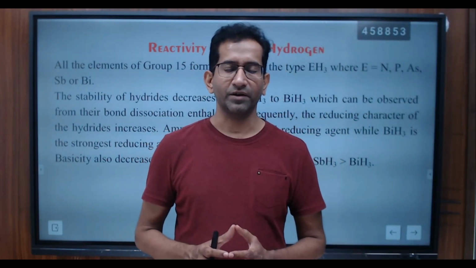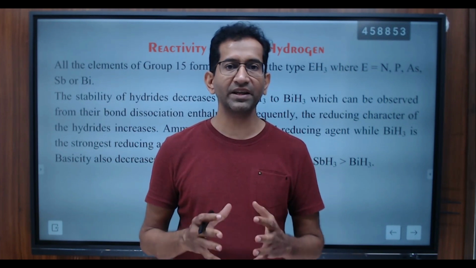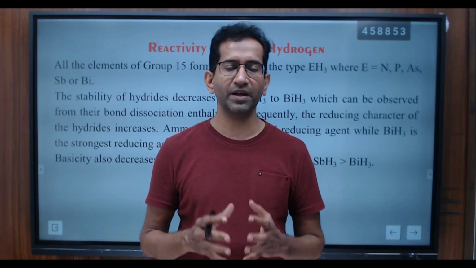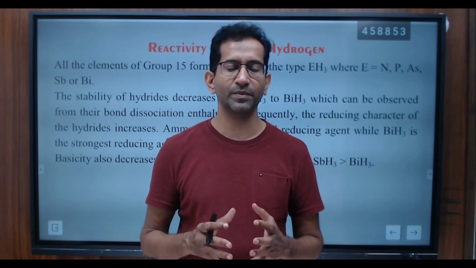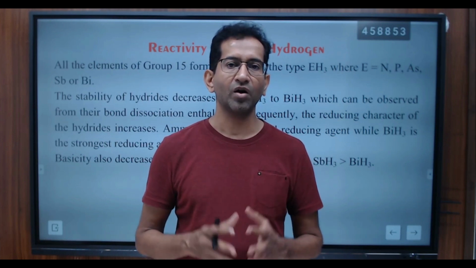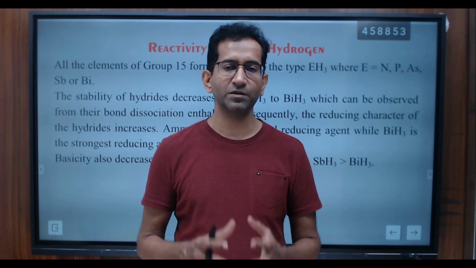Reactivity with hydrogen. All the elements have a tendency to react with hydrogen to form EH3 type hydrides, like NH3, PH3, AsH3, SbH3, BiH3, and they are known as ammonia, phosphine, arsine, stibine and bismuthine.